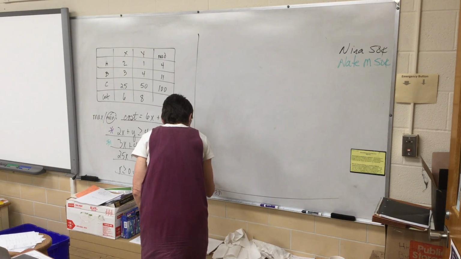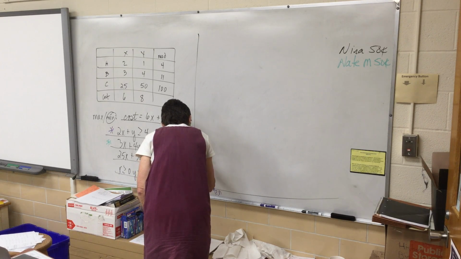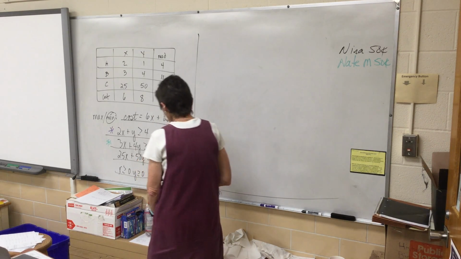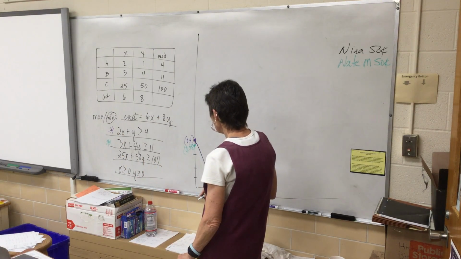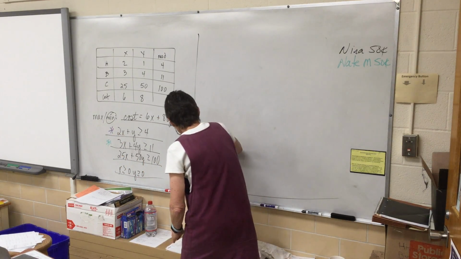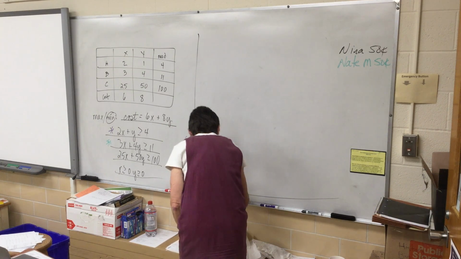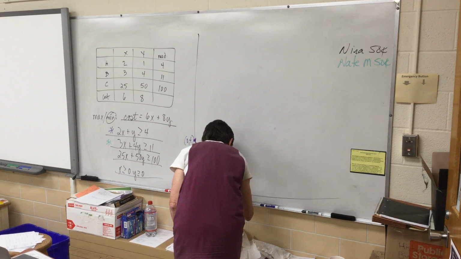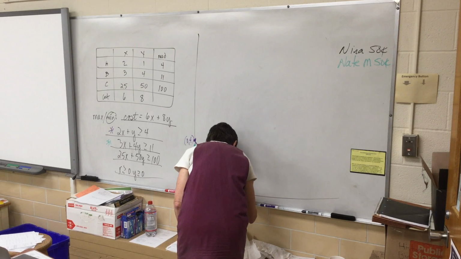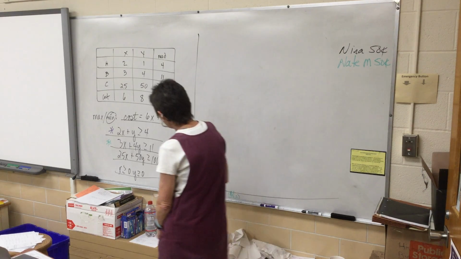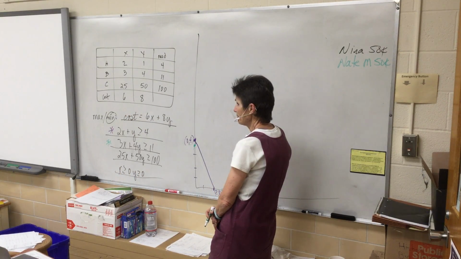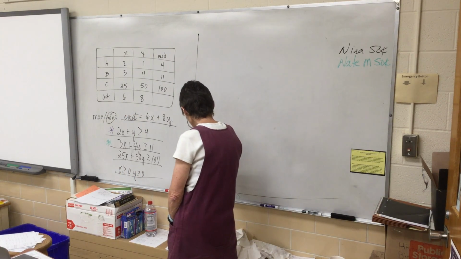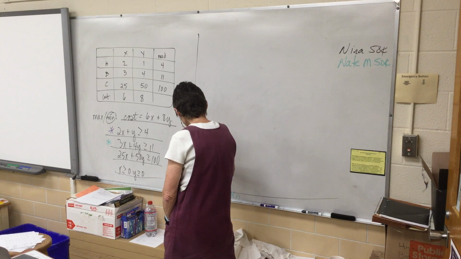So 1, 2, 3 and 2 thirds, so it's about right here. So this is 3 and 2 thirds. And then if I cover up x, y is 11 fourths, which is 2 and 3 fourths.